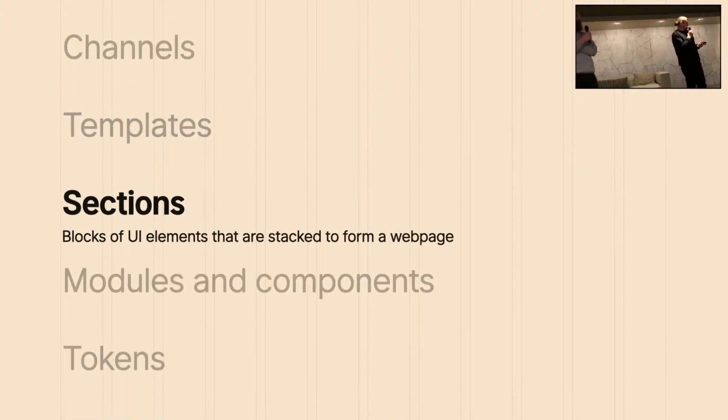Okay, and then next up we have this thing called sections. That's a word we use to refer to a block of UI elements that are stacked. For example, on a website you might have a multitude of sections on top of each other, each one filling the full width of the page.